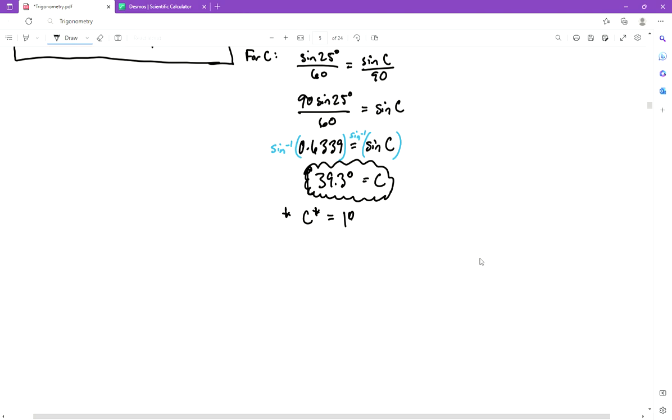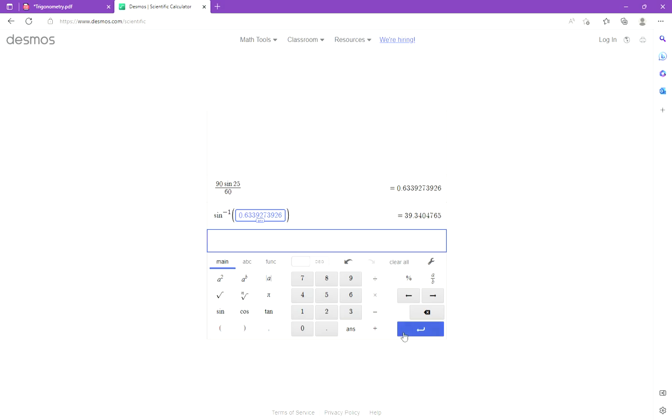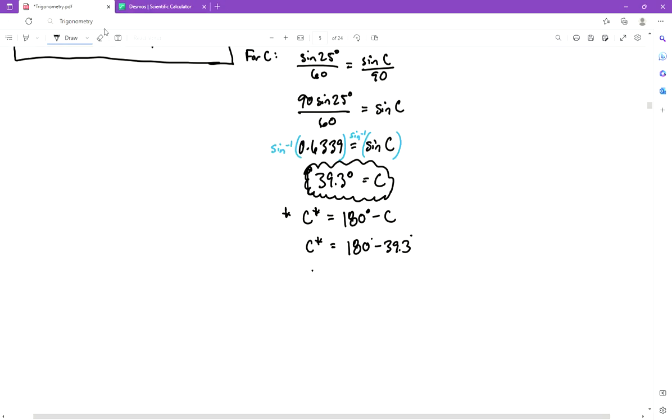C star is equal to 180 minus C. So our C star would be 180 minus 39.3 degrees, which is 140.7. So C star is 140.7 degrees.